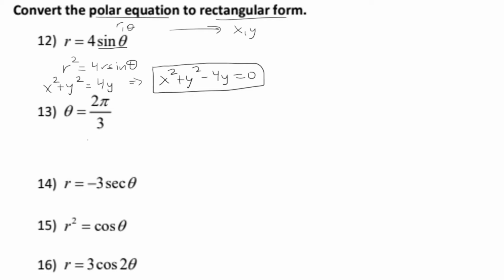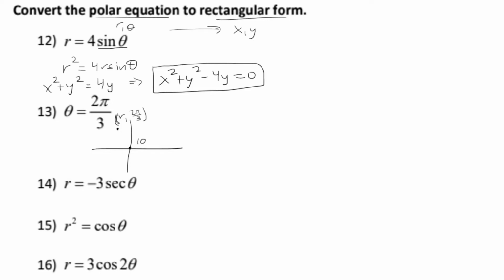Okay, let's go on to number 13. This one looks confusing because it does not depend on r. So I don't care what r is. We're given theta is 2 pi over 3, which happens to be over here. So this is r comma 2 pi over 3. If r is 0, it's over here.